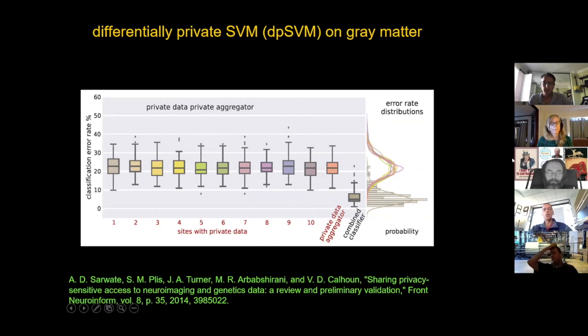As I mentioned before, you essentially add noise to the data before you pass it, so that it can't be easily identified even via machine learning. This one we did a few years ago, but this is showing an example where individual sites had a classification error of about 25%. And if we aggregate, using this differentially private SVM, the error drops to about 5%.